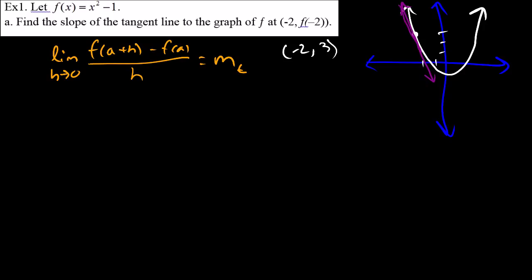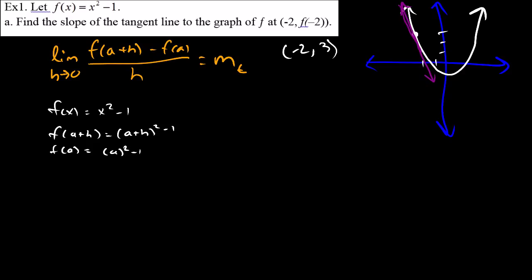So if we have our function, f of x, and we want to find f of a plus h, we just have composition of functions here, and then f of a would equal a squared minus 1.